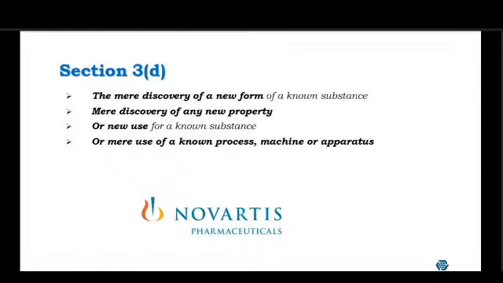And the matter went till the Supreme Court, and the Supreme Court said that this is nothing but evergreening of patent, and that cannot be allowed in India, especially where patients cannot afford expensive anti-cancer medicines, and the patent was revoked, and the imatinib mesylate patent was cancelled.